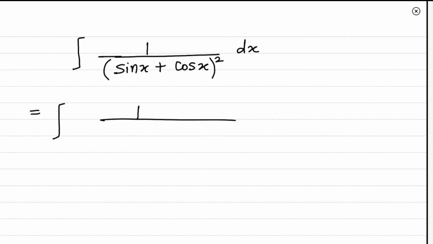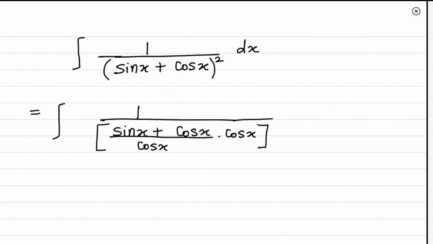So in the denominator, we already have sine x plus cos x and there is a whole square. Now, if you want to convert it to tan, what you have to do is multiply and divide by cosine in the denominator. So I'll divide by cosine and then I'll multiply by a cosine, and don't forget that there is already a whole square in the denominator.